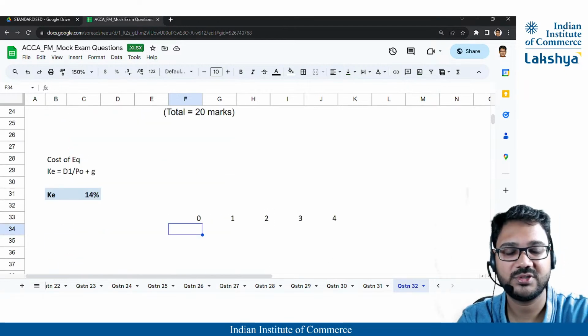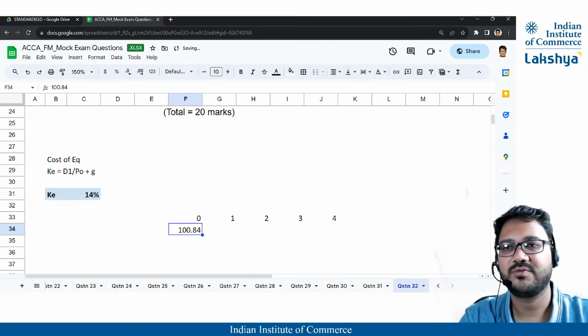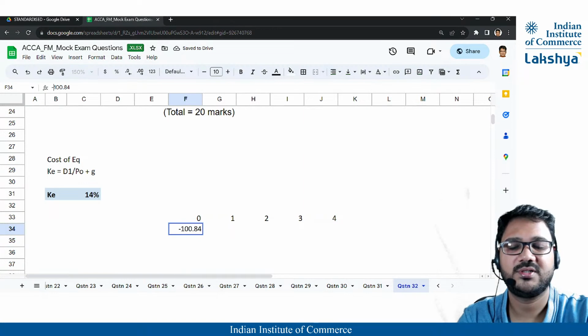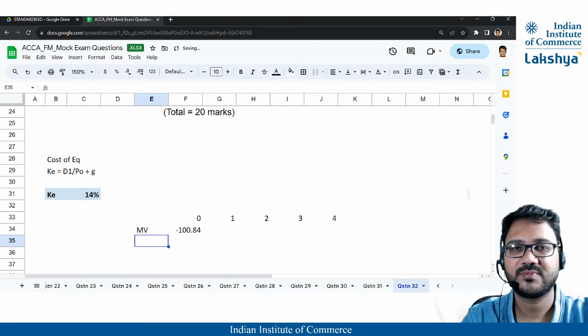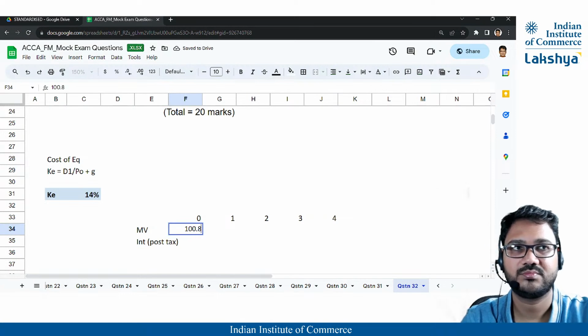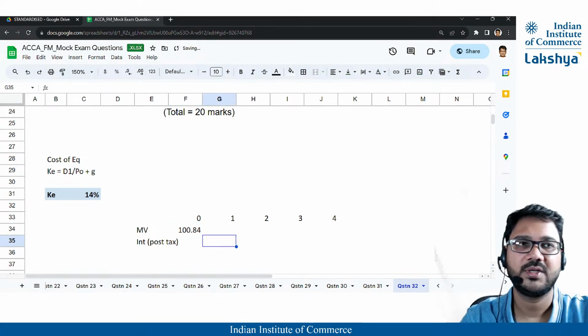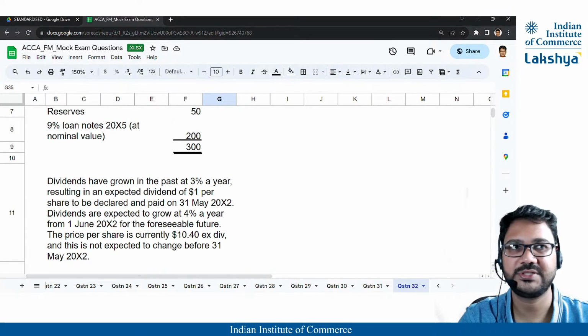Okay, so this is an inflow, or if you are thinking from the investor's point of view, let's just write it this way. This is the market value, then interest, and we need post-tax interest. How much is the interest we are paying? Interest is on $100. So on $100, we are paying a coupon of 9%.